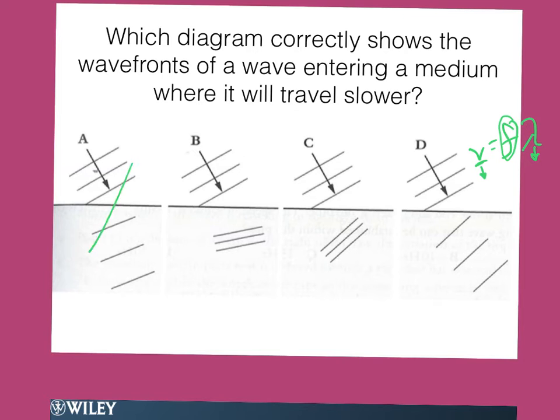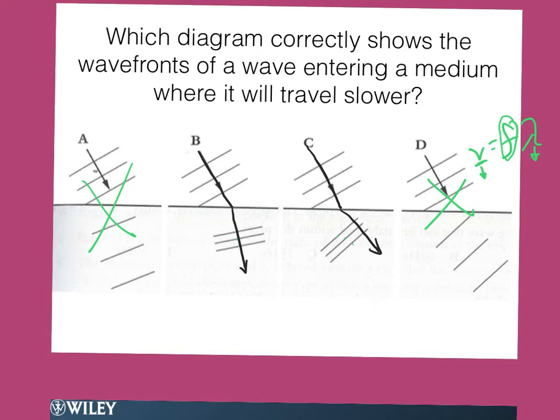Okay, which means it can't be A and it can't be D. Both of those show longer wavelengths. Okay, so I need shorter wavelengths, which is what I see in B and C. So now the question is, as the wave comes in, should it bend this way or should it bend that way?